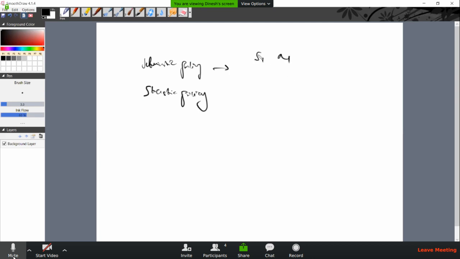If you are in state S2, you take another action. It will tell only this. But if it is a stochastic policy, then it will tell that if you are in S2, take action A1 with 30% probability.